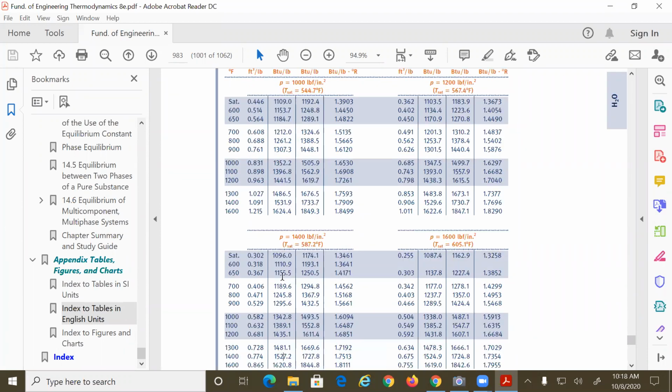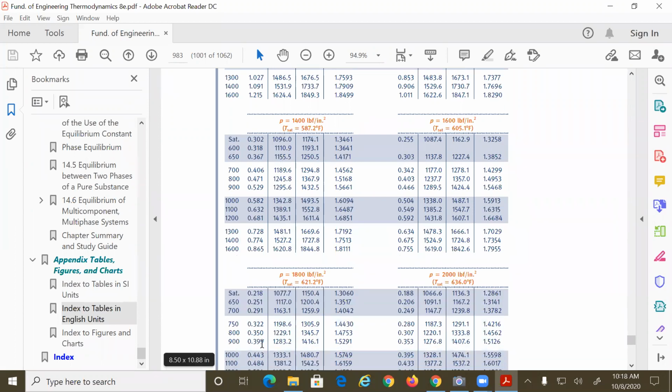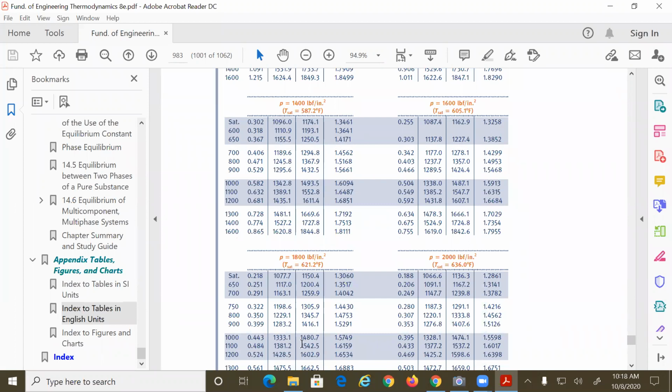So that means that we go to 1800, 1100, and we get H1 should be equal to 1542.5.